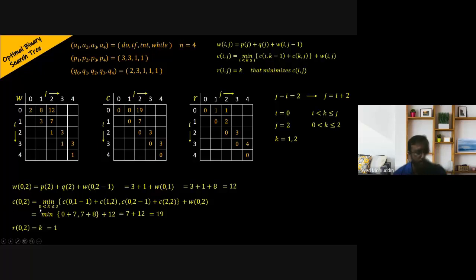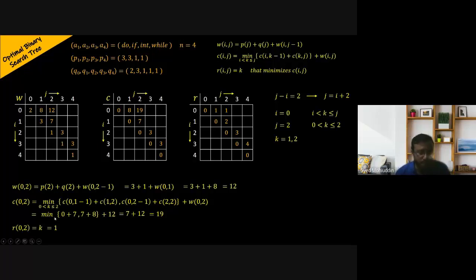So we take the minimum over 0 less than k less than or equal to 2: C(0, 0) plus C(1, 2), then C(0, 1) plus C(2, 2). Here we have i and j as 0 and 2, but we have k values 1 and 2, two different k values.